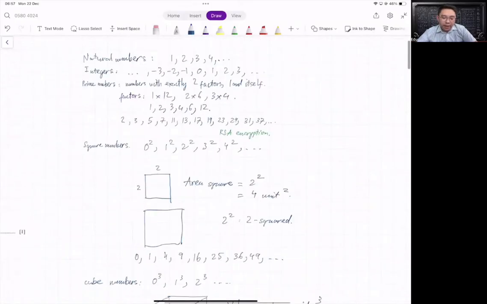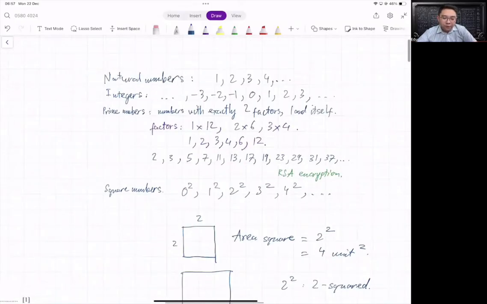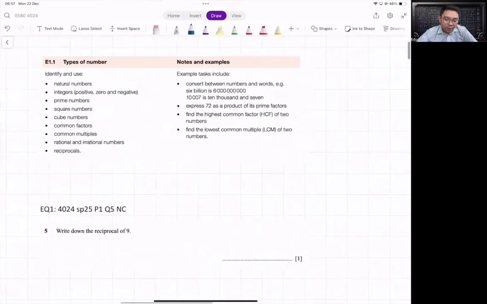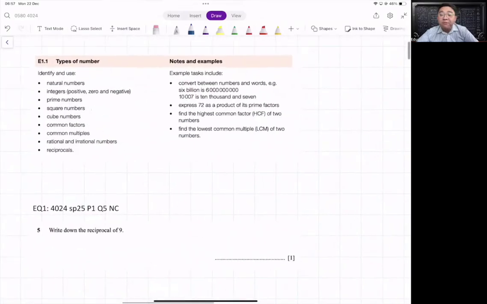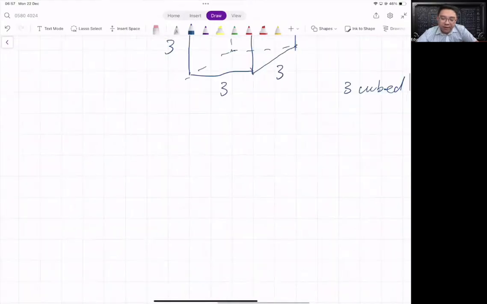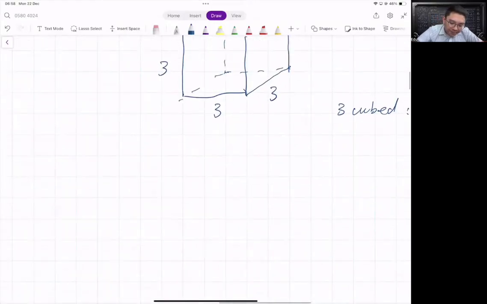Okay, so we have gone through a few, and next up we'll have common factors and common multiples. So what are common factors? Let's say we want to talk about 18 and 24.